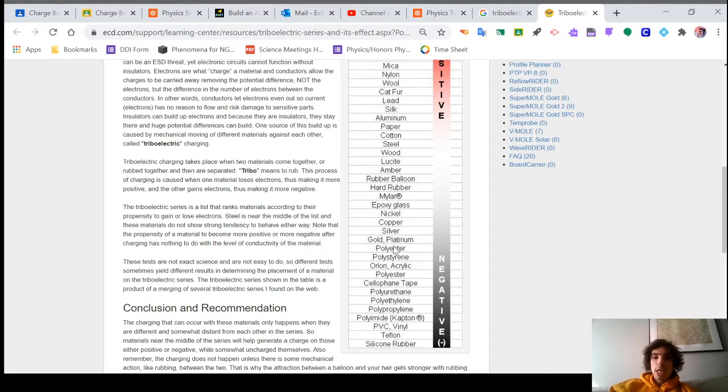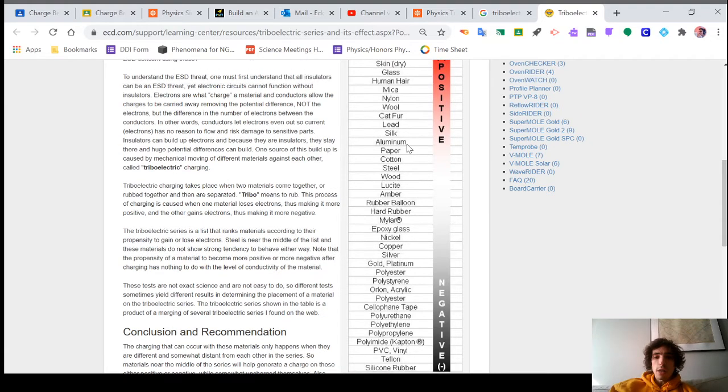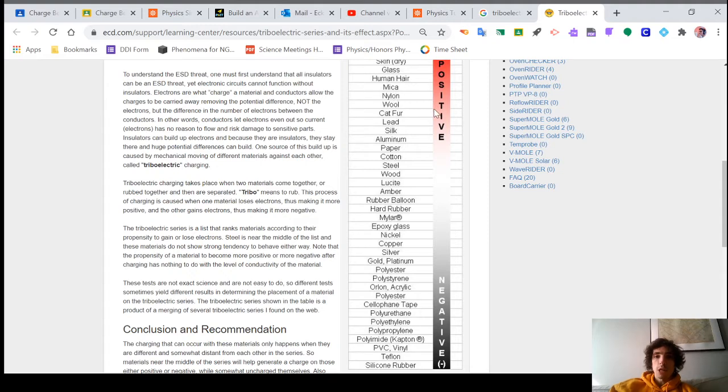If you rub together any 2 materials that are in a triboelectric series, you can predict whether one material is going to become positive or negative. On the way this table is set up, whatever is higher is going to become positive, and whatever is lower is going to become negative. And we practiced that a little bit in class.